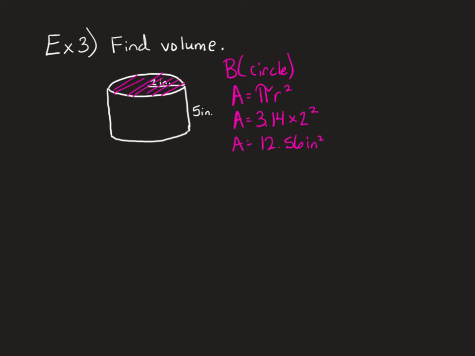And then to get the volume, we just take the base area, a circle, and multiply by height. So we've got 12.56 times the height, the distance between the circles is 5 inches. When we multiply those, we get 62.8 cubic inches.